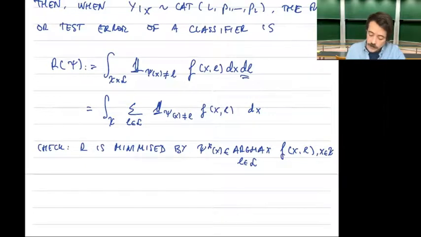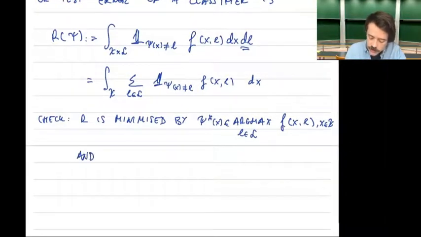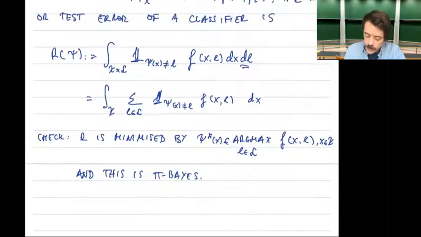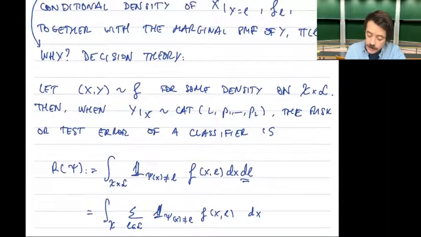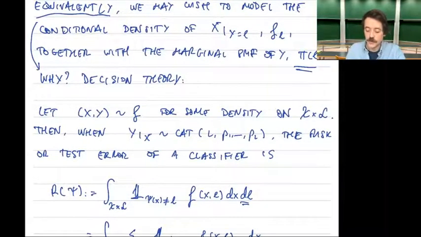Okay, and then the second thing you should check is that this is pi base, for pi given by the pi that I defined above, yeah? So the marginal PMF of y.